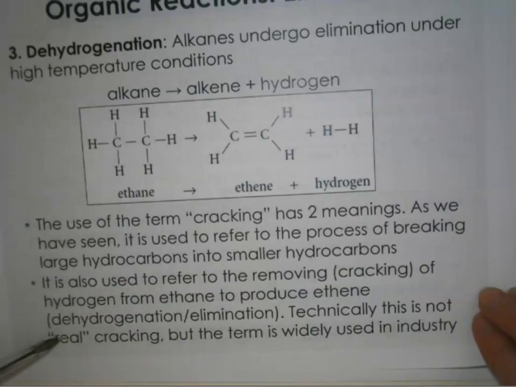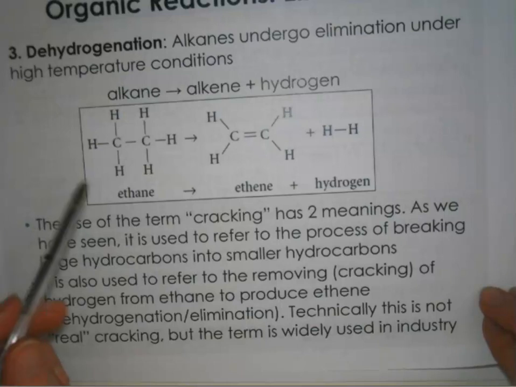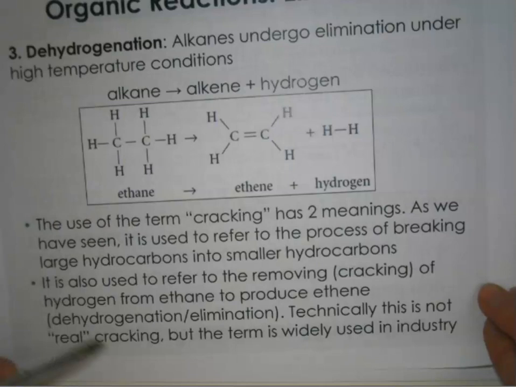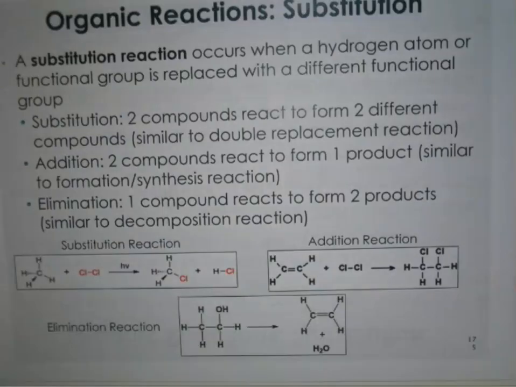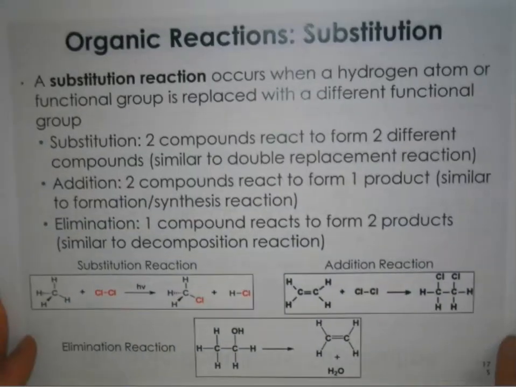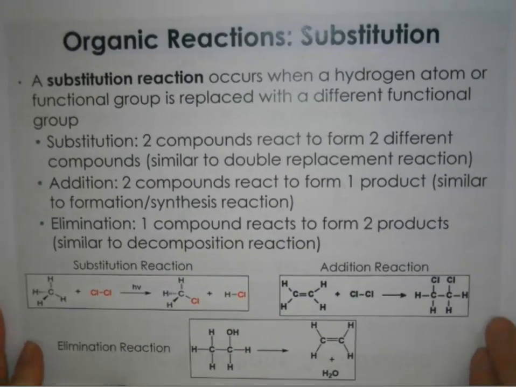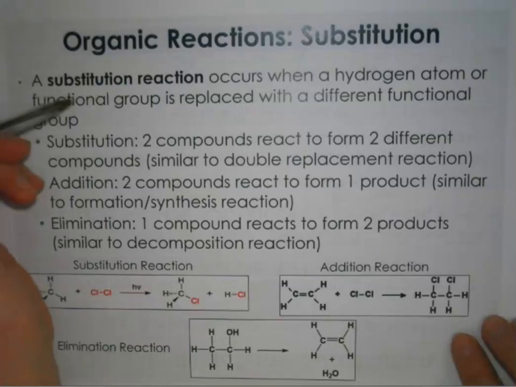This isn't technically correct, since the first kind of cracking we looked at is technically the real cracking, but within industry, sometimes different types of terminology become adopted, even if they're not technically correct. So this term for cracking is used to apply to dehydrogenation in industry. But we won't worry about that too much in Chem 30. For you, just think of cracking as breaking those larger molecules into smaller molecules.